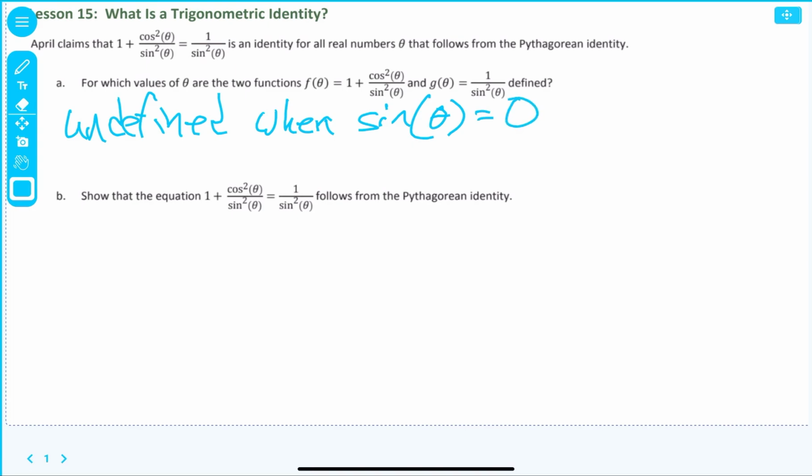Now, when is sine equal to 0? So theta cannot equal what?